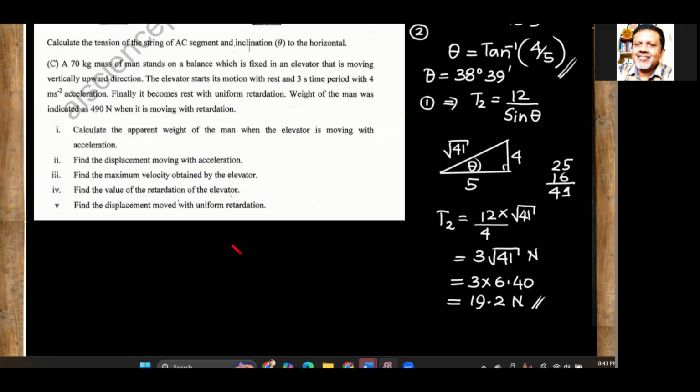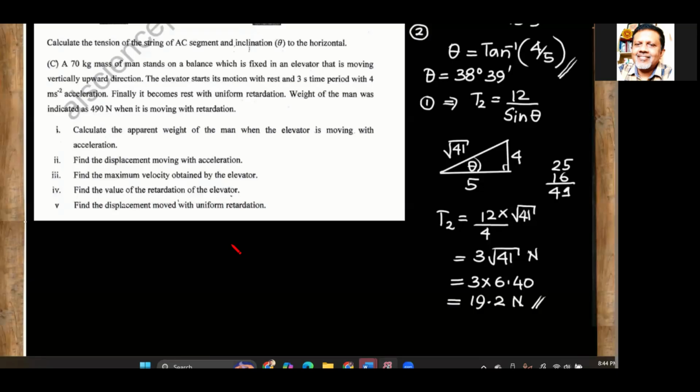Okay, right. So we know that if an elevator is moving vertically upwards or downwards with an acceleration or deceleration, the effective g value is going to be changed. The weight of the mass of a person should be different while it is moving with an acceleration upwards or deceleration.